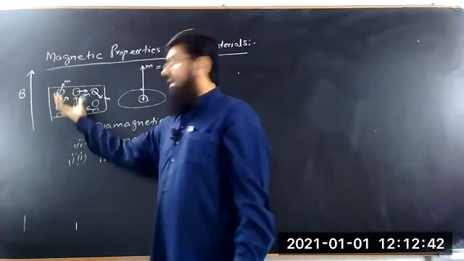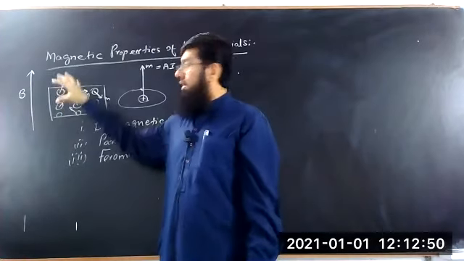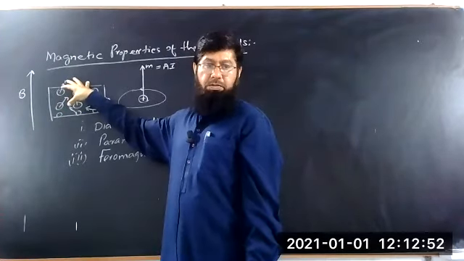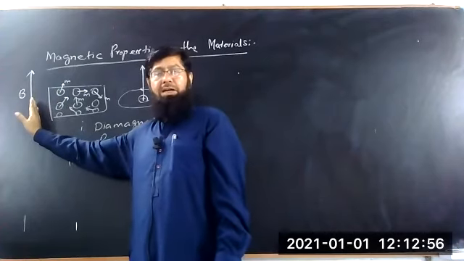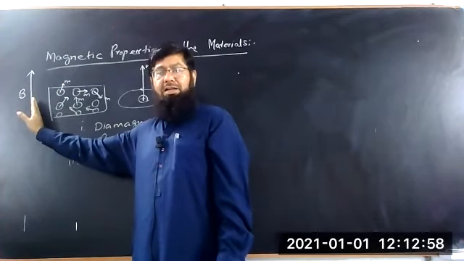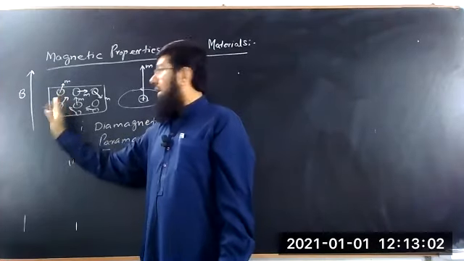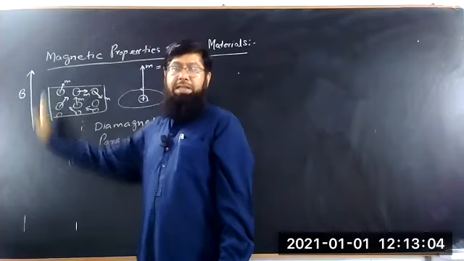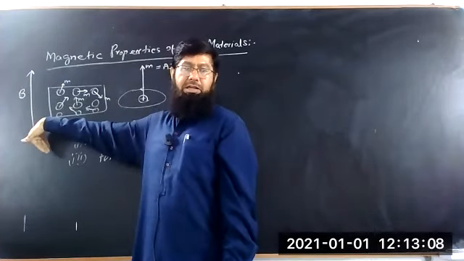This material is non-magnetic because its dipole moments are randomly oriented, so its net magnetic field is zero. When it is placed in an external magnetic field, these dipole moments will try to align themselves in the direction of the magnetic field or opposite to it.